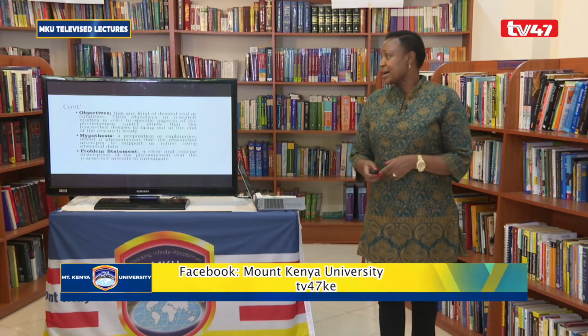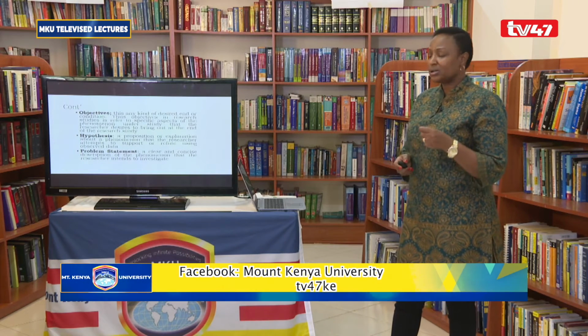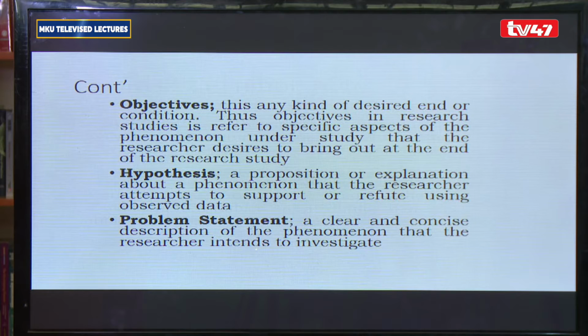The other term that is very key for a researcher is objective. And this one, we call it any desired end or condition. What exactly do you expect to have at the end of the research study?